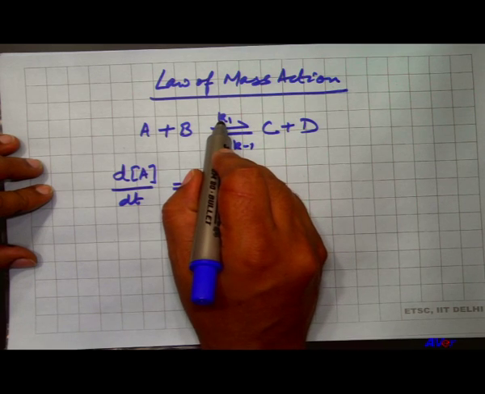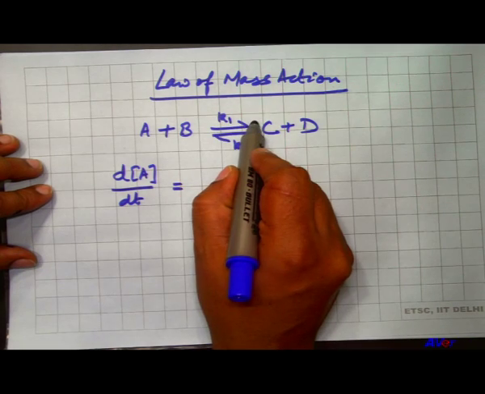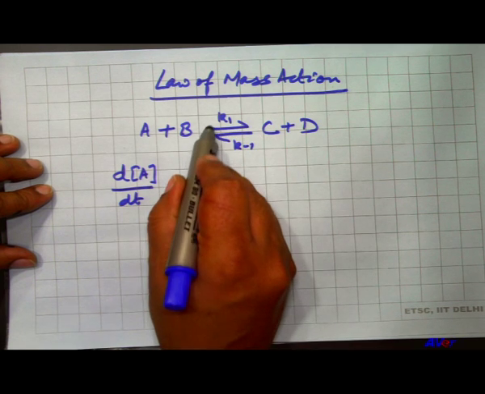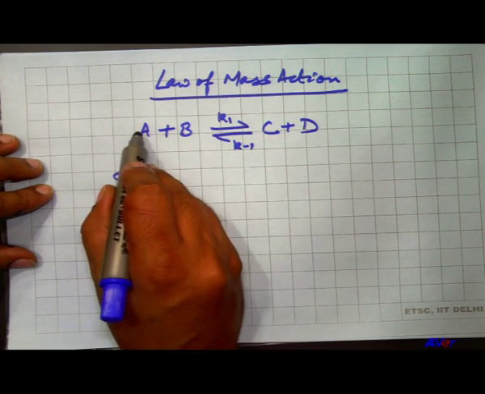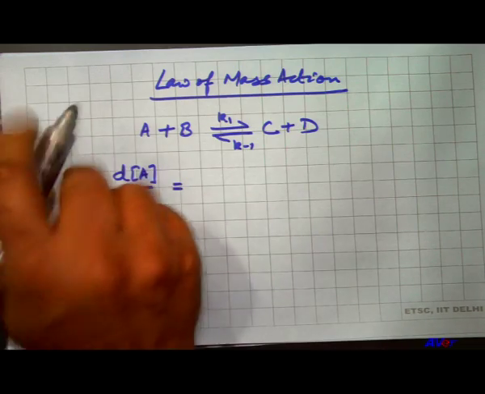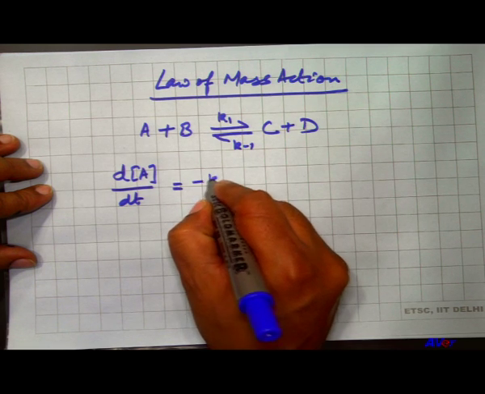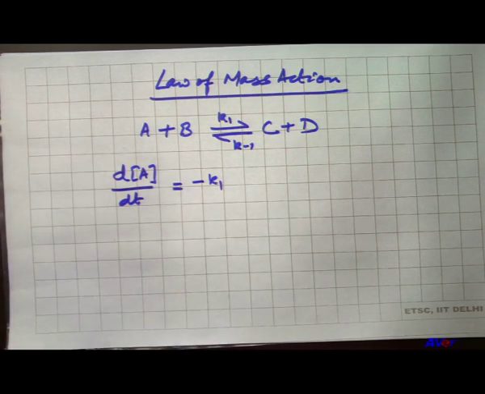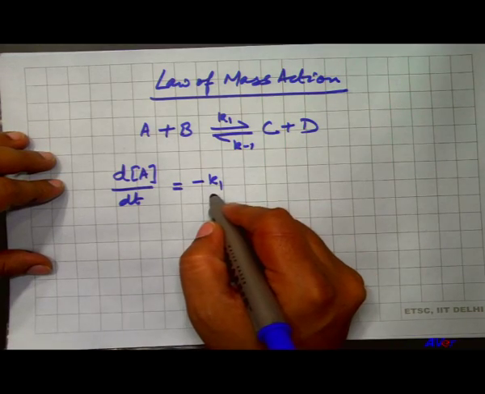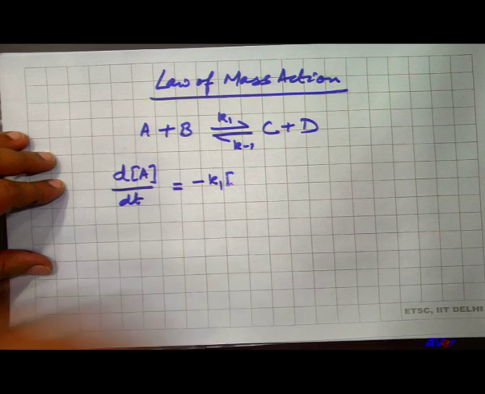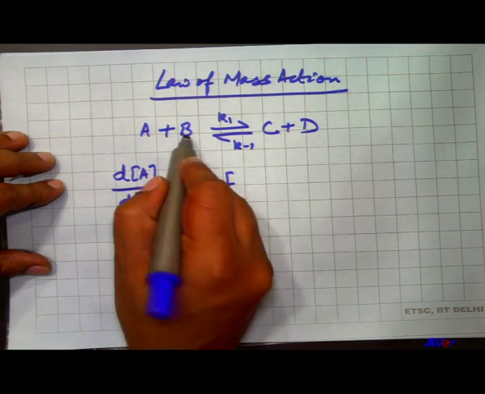Well, it is being consumed at the rate of k1, right. The tail of the arrow is facing A, therefore, it is being consumed. In that case, since it is being consumed, A is becoming less. It is becoming less at the rate of k1, which is multiplied by the concentration of A and B in the system.